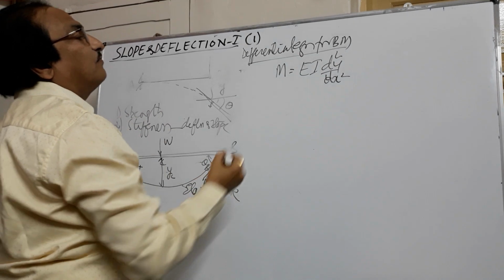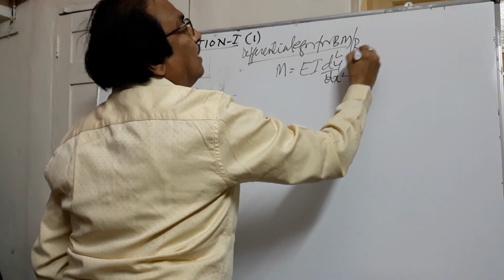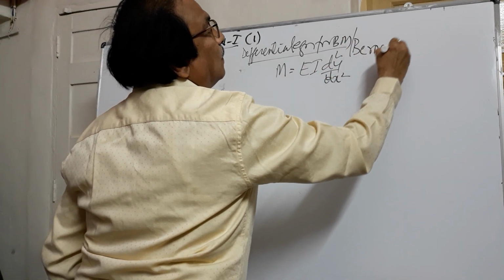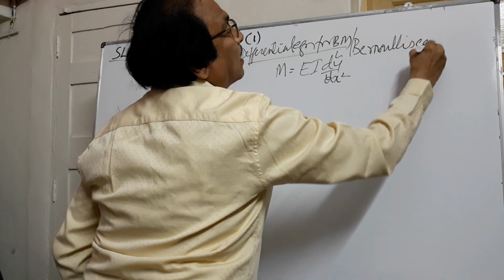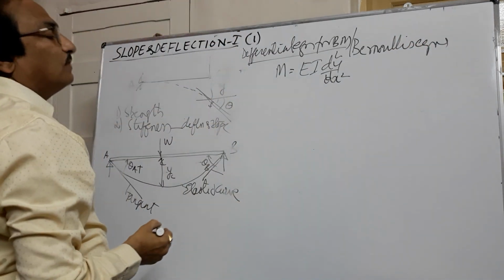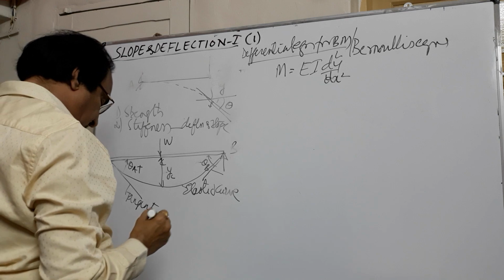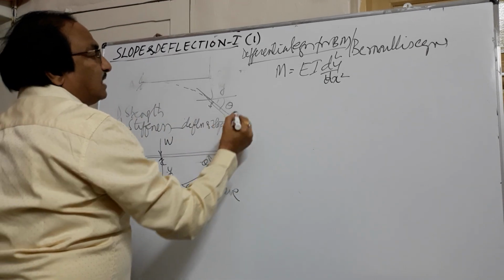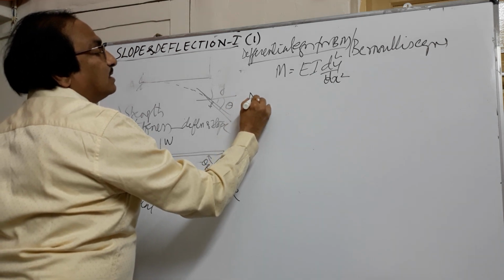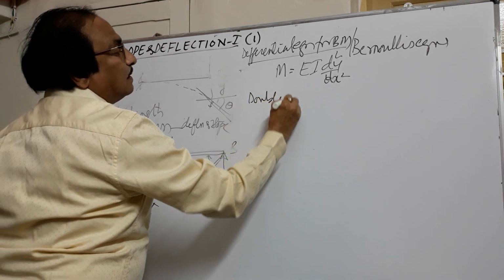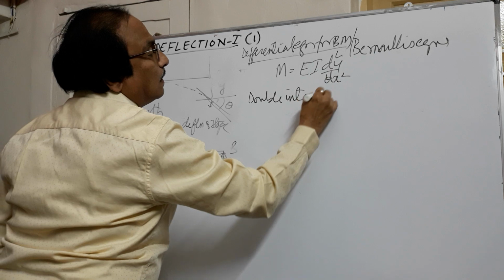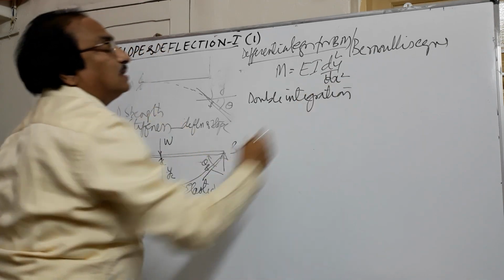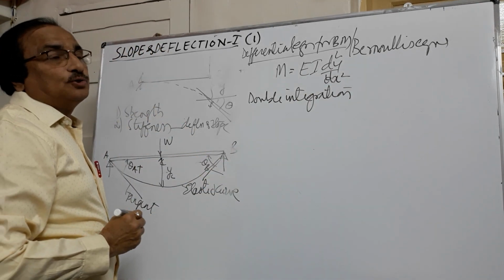This is known as the differential equation, or we also call it Bernoulli's equation. This is a very important derivation. You will have to remember this derivation. Now coming to the integration, we are using the method known as double integration for the solution of a problem.